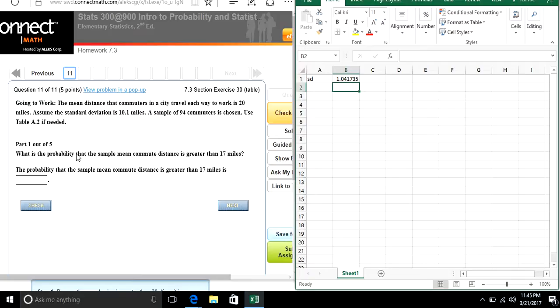So what is the probability that the sample mean commute distance is greater than 17 miles? Let's find the z-score of 17 miles.